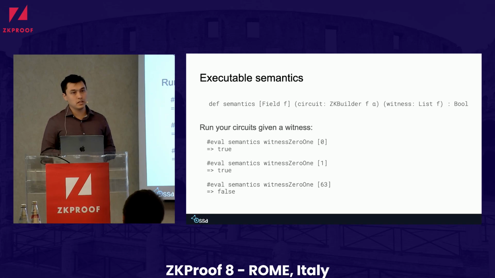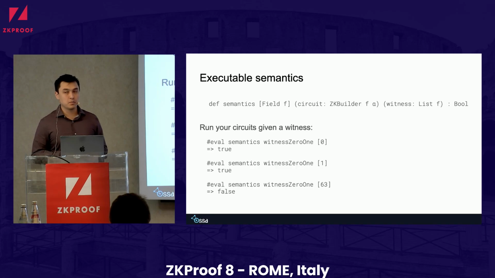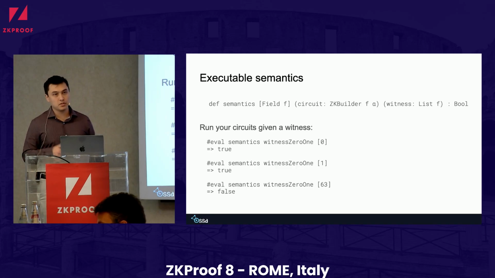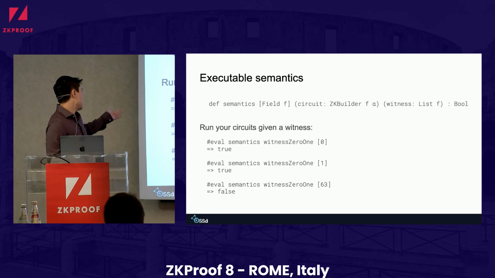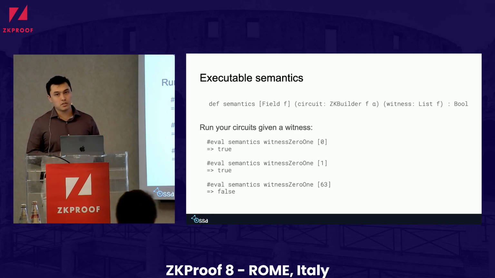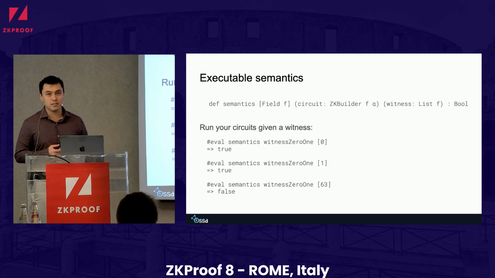And then basically it evaluates the circuit and says whether or not the circuit is satisfied. So this can be pretty convenient if you want to test out your circuit on different witness values and see if it's correct or not. So here you can see different runs on different inputs to the witness 0, 1 circuit that we just saw. If you pass 0 and 1, it returns true. And if you give it some random value other than that, it's going to return false.